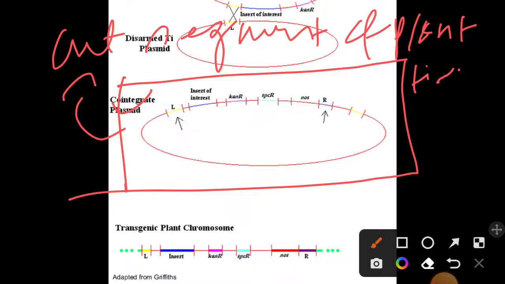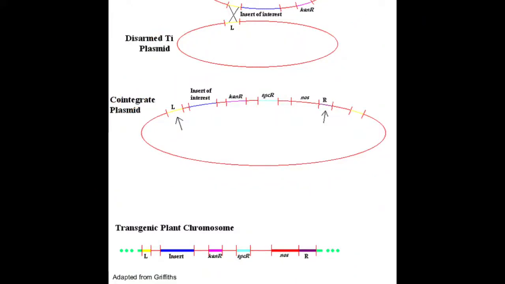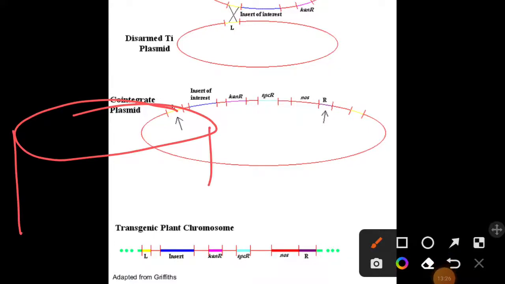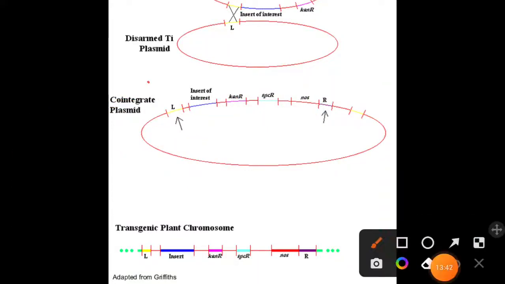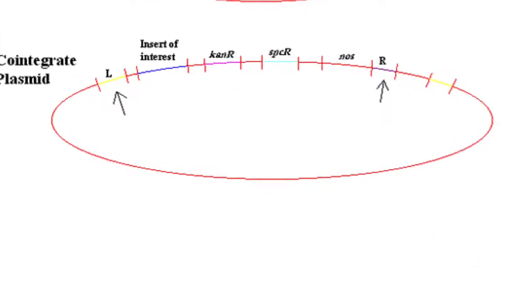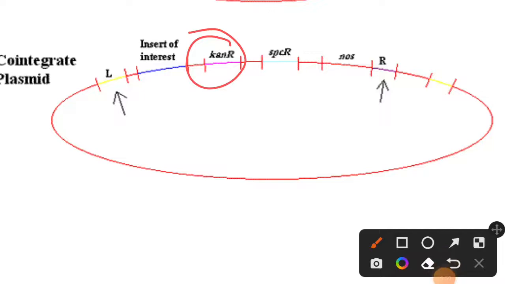Okay, now if we place this cut segment of plant in a medium containing kanamycin, then those plant cells that have successfully acquired the co-integrate plasmid will undergo cell division, because it contains the kanamycin resistance gene, right?